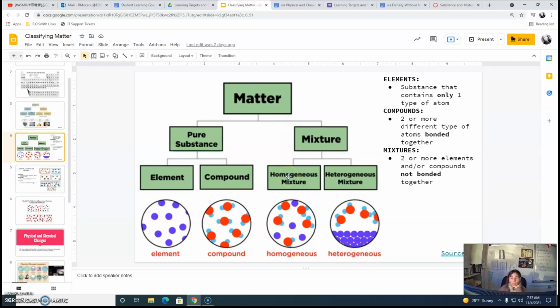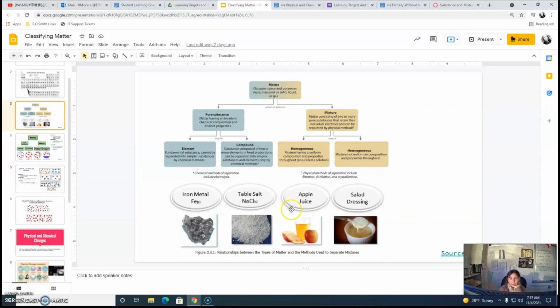Then we talked about homogeneous and heterogeneous mixtures. The best representation of that is something like apple juice, a homogeneous mixture that all looks the same throughout, versus something like salad dressing, which really doesn't look the same throughout.